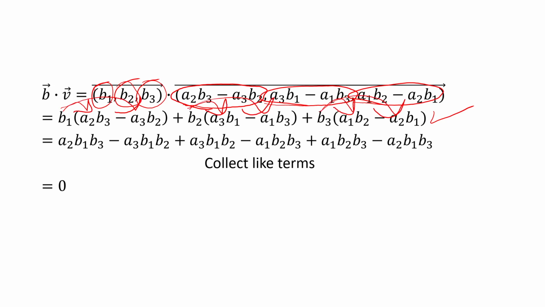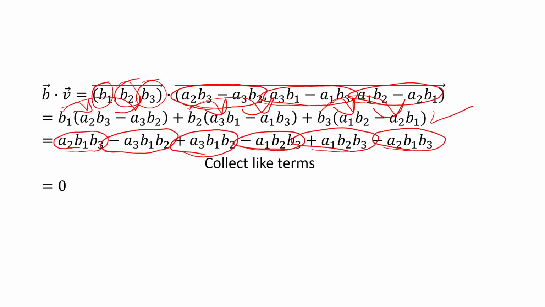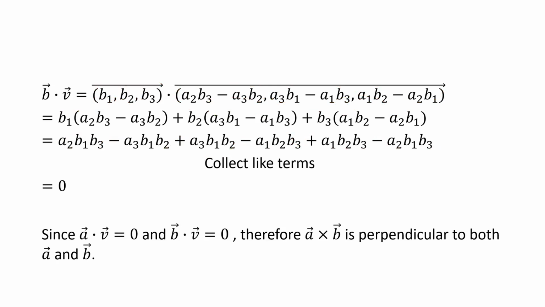And if we do that, we get a2b1b3 and also a negative a2b1b3. We get negative a3b1b2 and positive a3b1b2, and we get negative a1b2b3 and positive a1b2b3. Everything cancels out. We get 0. So that same vector is perpendicular to both a and b. And so a cross b is perpendicular to both of them.